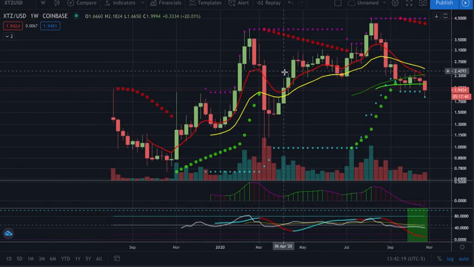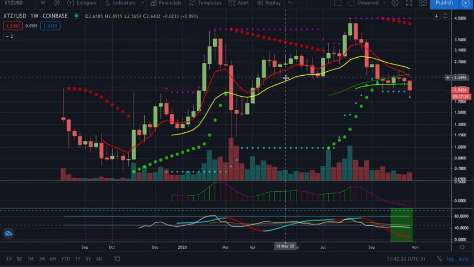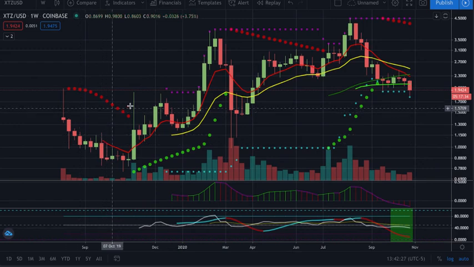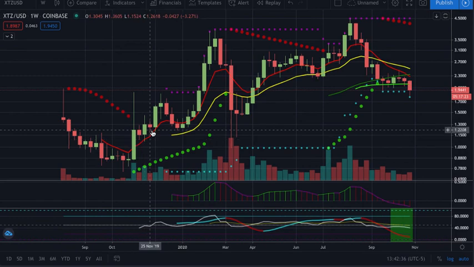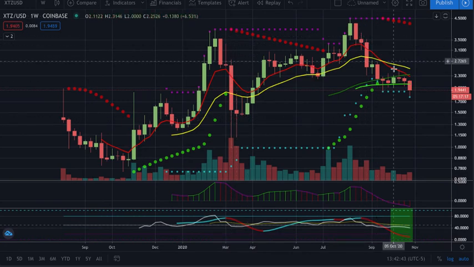So XTZ on the weekly, once again, does not have a ton of price action or ability to chart back, but based on the previous low down here at 75 cents roughly. This is again on Coinbase though. Should have pulled this up on a different one, but it'll give us what we need to see regardless.